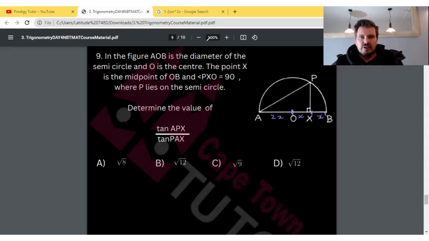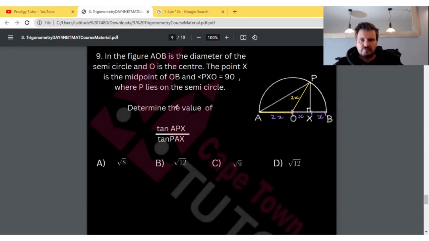The other thing we know is that this here, the thing in yellow, is the radius of the circle. So this one here would also be 2x.